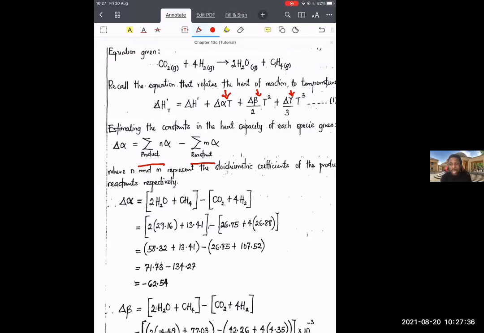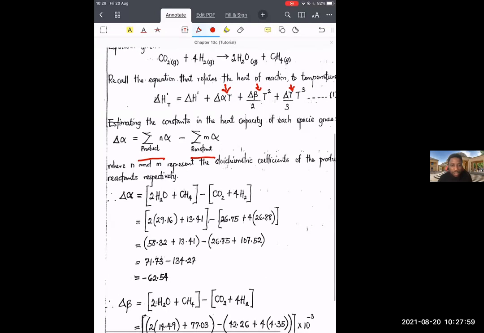Remember, when we're using Hess's law, when you're dealing with the reaction, you sum everything for the product, you sum everything for the reactant, and then you find the difference. So we do the same thing for these constants, the alpha, beta, and gamma.